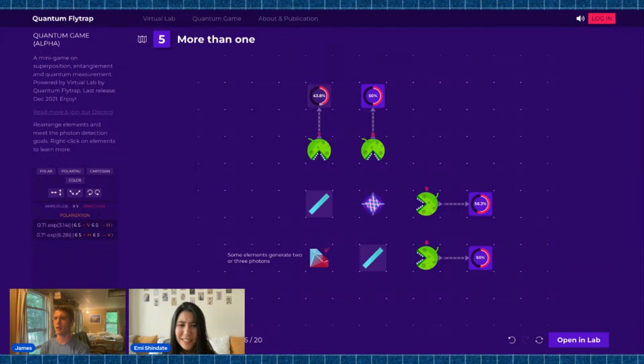Yes. That's really weird. Sometimes, because photons have a probability of collision, they can either collide or I guess not collide.